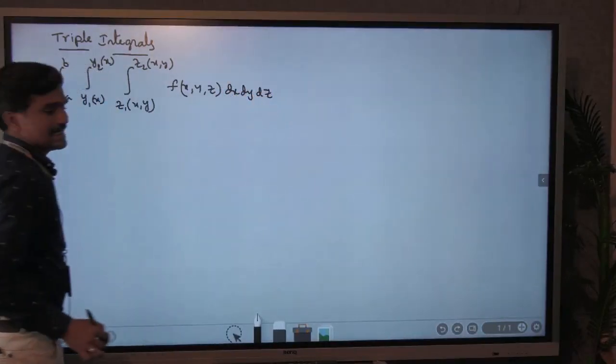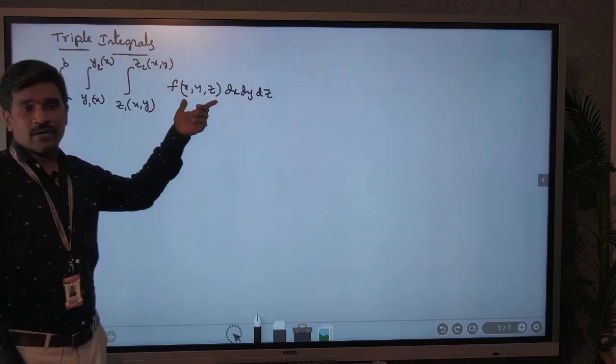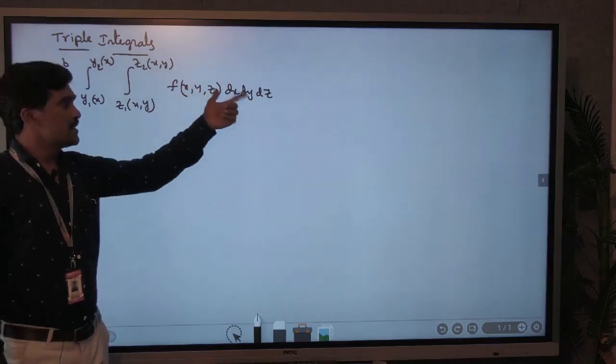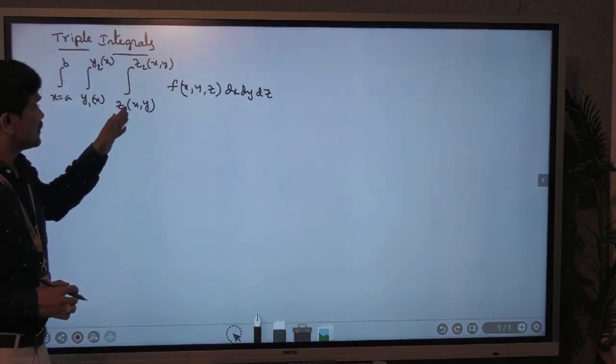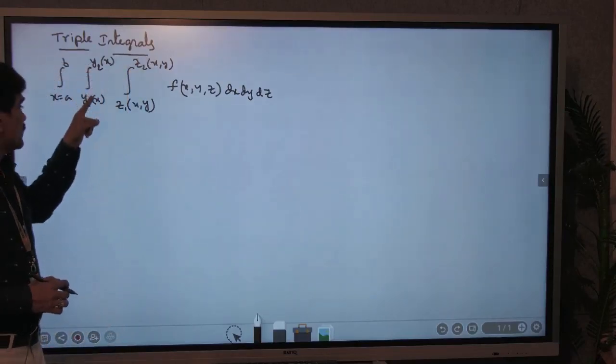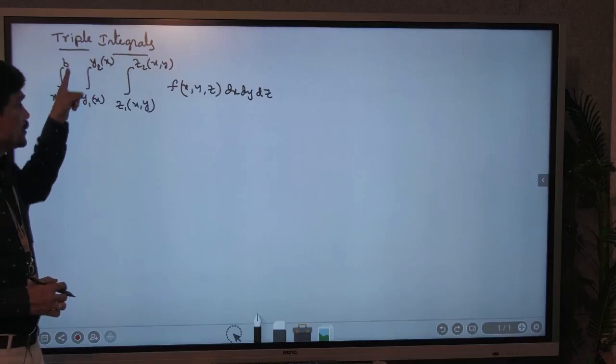So this is the integral. Here f is a function of x y z. The limits are z1 of x comma y, z2 of x comma y, y1 of x to y2 of x, and a to b.